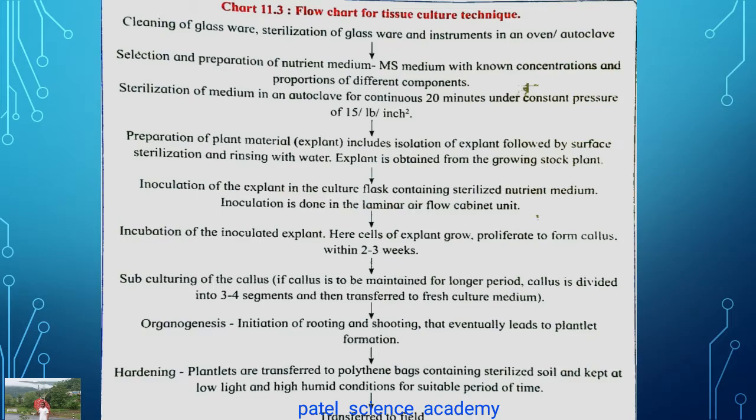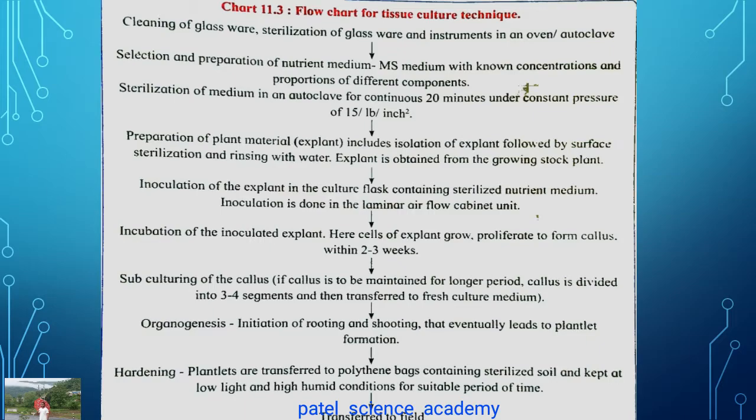Use of detergent and hot air oven; nutrient medium by autoclave under a constant pressure of 15 lb per square inch for a continuous 20 minutes; and explant by treatment with 20% ethyl alcohol and 0.1% HgCl2. Inoculation chamber, the laminar air flow, is sterilized using ultraviolet tubes for 1 hour before performing the actual inoculation of the explant on the sterilized nutrient medium.